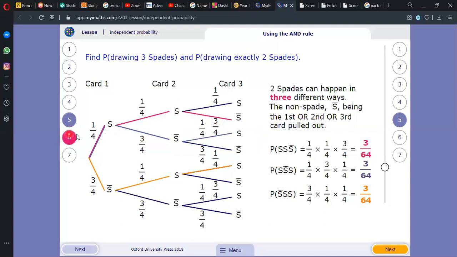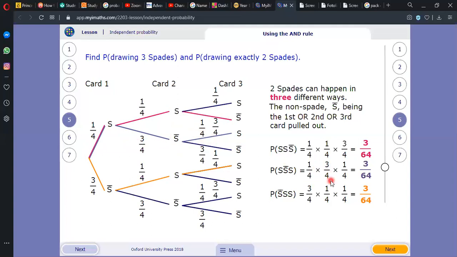You know we're talking about spade, spade, not spade. Are you seeing that? Spade, spade, not spade. So that goes for 1/4 times 1/4 times 3/4 for not spade. The next one is spade, not spade, spade. If you look at that, the color here is kind of light blue. So spade, 1/4, not spade, 3/4, and then spade again, 1/4.